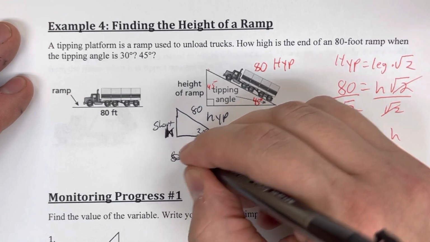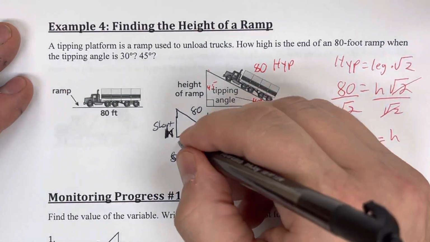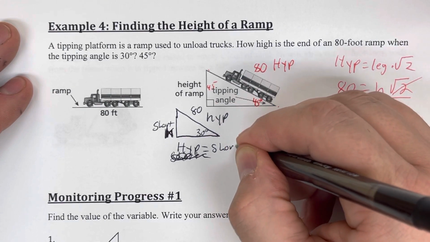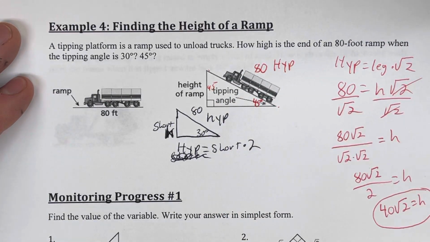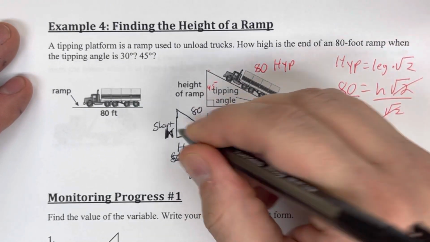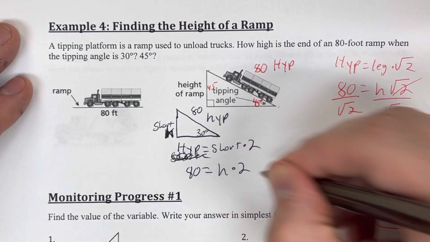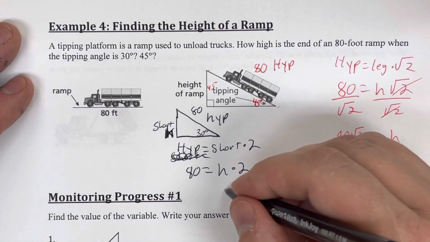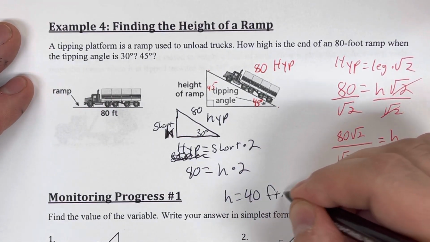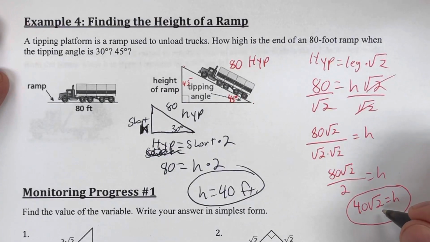Sorry, hypotenuse equals the short times 2. So putting in the hypotenuse, 80 equals our short leg h times 2, divide by 2, and the height is equal to 40, and that's in feet. I forgot to put feet here. Okay.